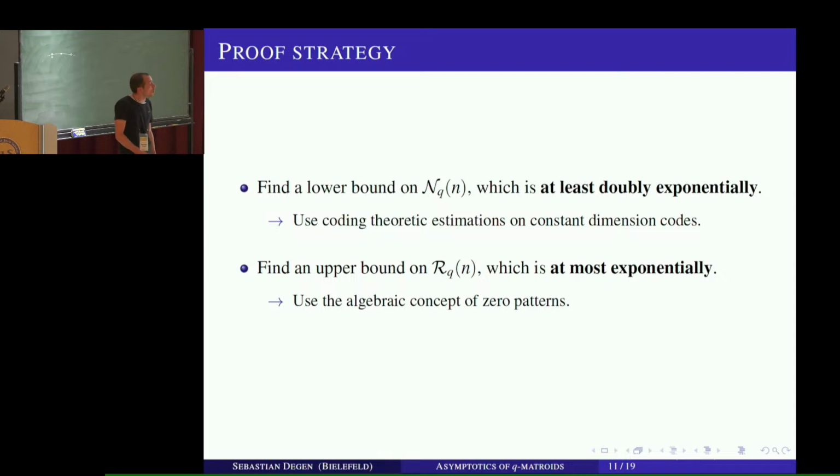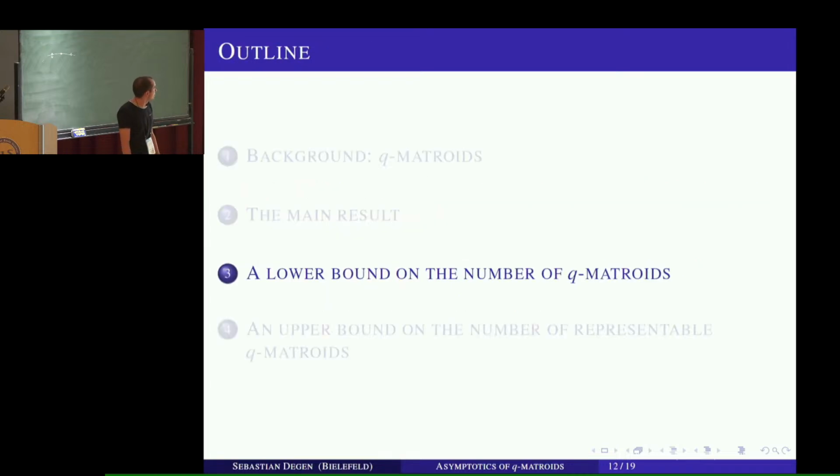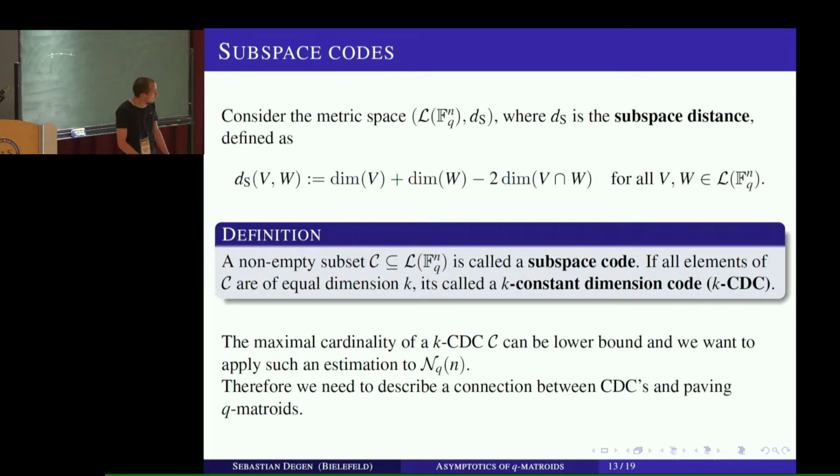Okay, now let me start with the lower bound. As I said, we want to use the concept of constant dimension codes. In order to do this, we have to define what a subspace code is. The setup is that we look at our subspace lattice and equip it with the so-called subspace distance, which, given two subspaces, sums up their dimensions and subtracts twice the dimension of the intersection.